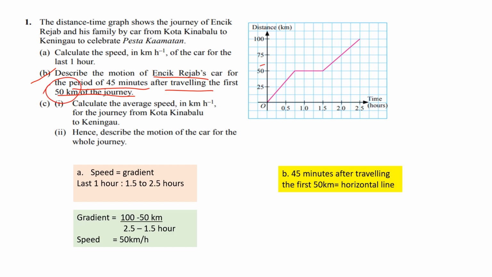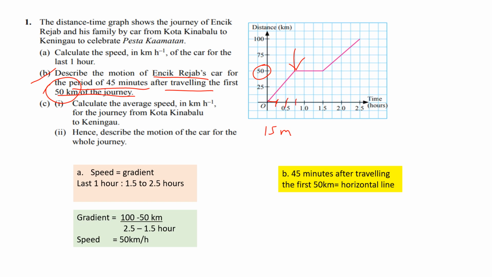This is 50 kilometer, and then for the period of 45 minutes. That means start from here, 45 minutes. So you know that this scale is actually 15 minutes, 30 minutes, 45 minutes.